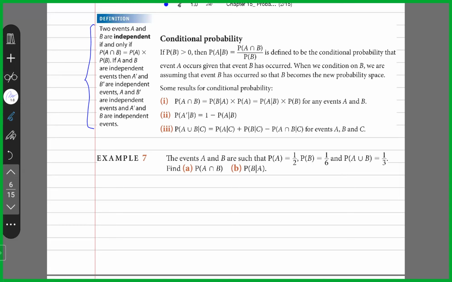When we condition on B, we're assuming that event B has occurred so that B becomes the new probability space.